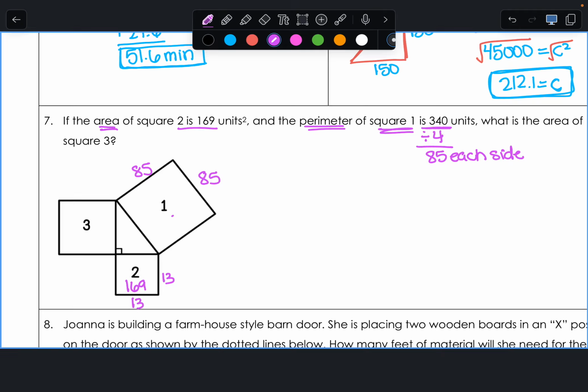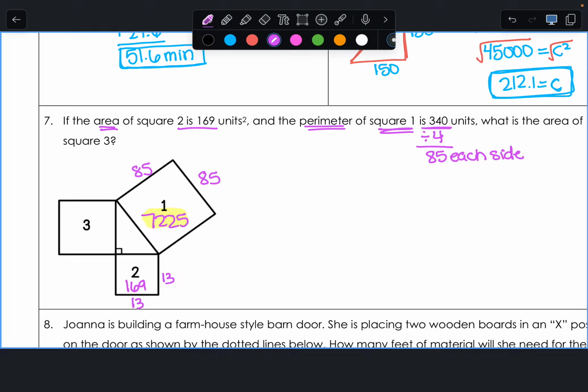So if I know what the sides are, how do I find the area? What do I do? Multiply them, side times side. So 85 times 85 is? 7225. All right. I think we got enough stuff to figure out what we need.